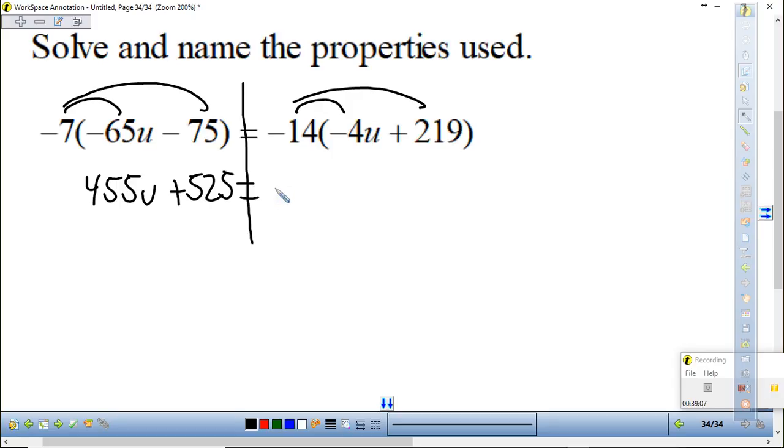Then distribute, distribute. This is 14 times 4. That's very good. 56u. And then negative 14 times 219. That's negative... no, it's 3,000. 219 times 14, let's see.